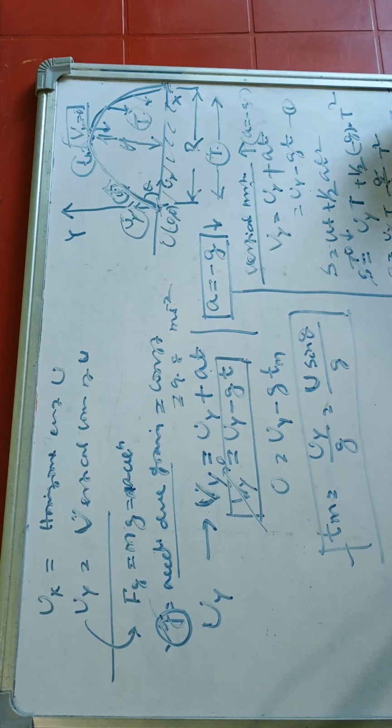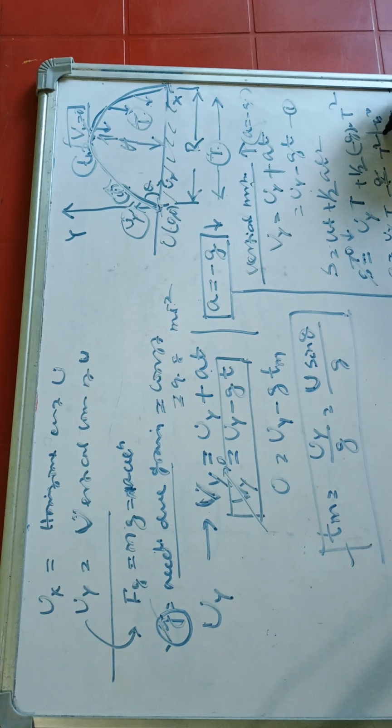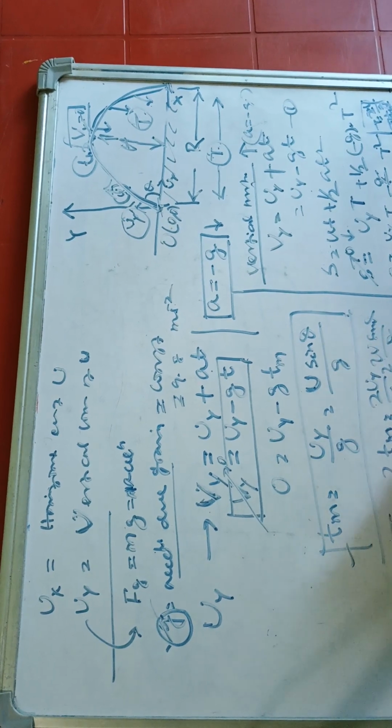So the time of flight t is equal to 2uy by g, or 2u sine theta by g.